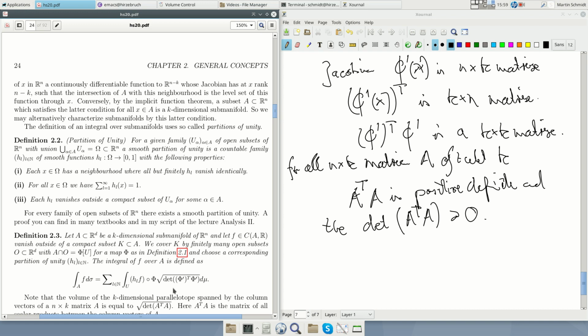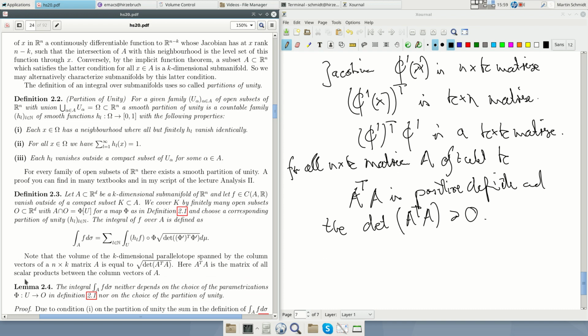This matrix is the matrix of all scalar products between the column vectors of A, and since this is a k-dimensional space, since A has rank k, this matrix is positive definite. So everything here is well defined. The square root is also well defined.